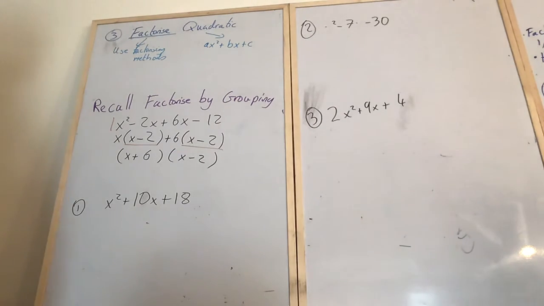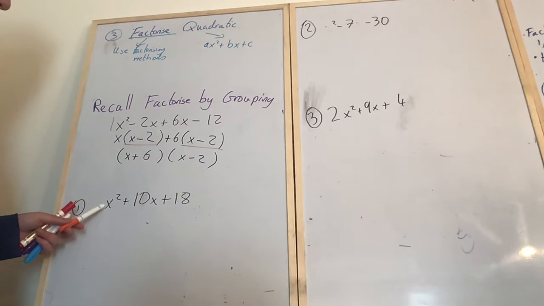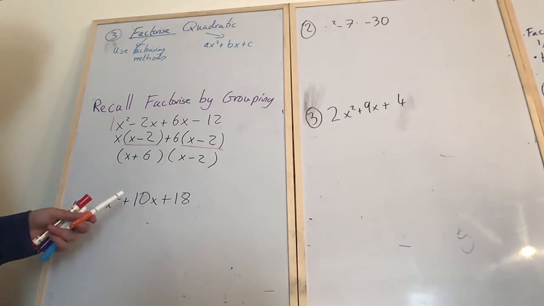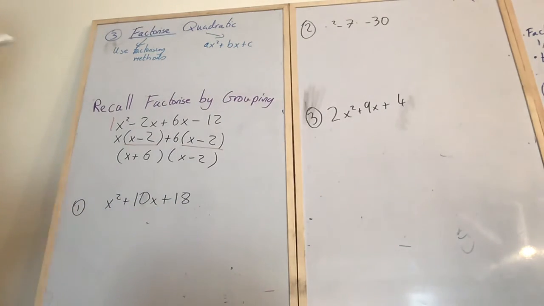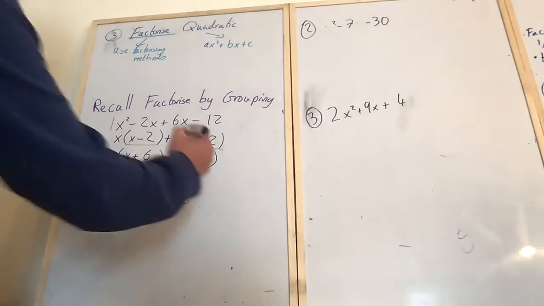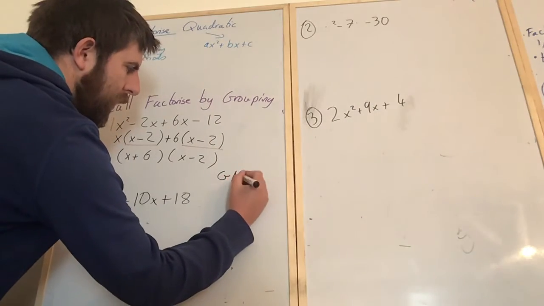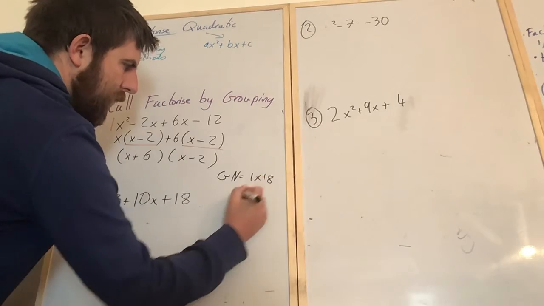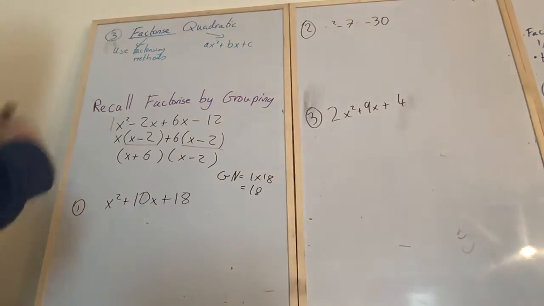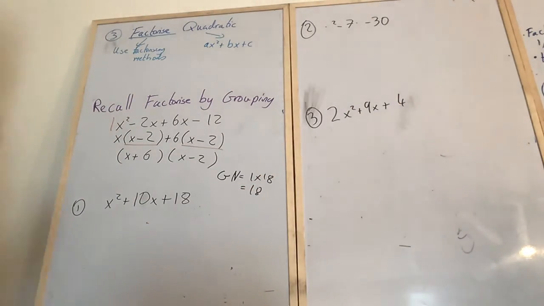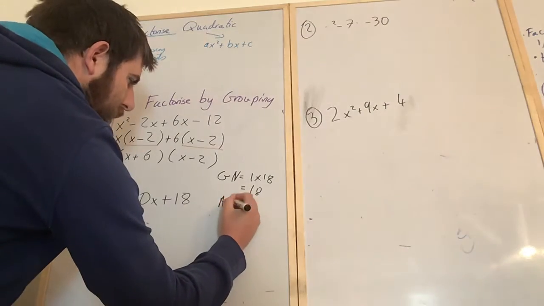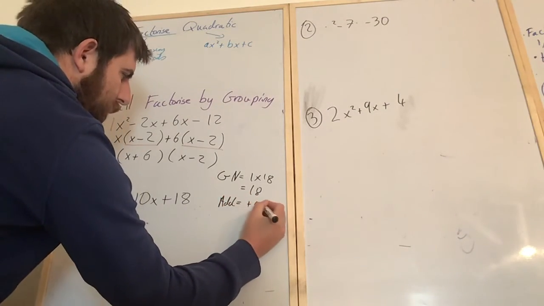The guide number method was you multiplied what was in front of the x squared by the number at the end. So your guide number, GN, in this case was 1 times 18, which was just 18. And we needed to find 2 factors of 18 that added to give plus 10.